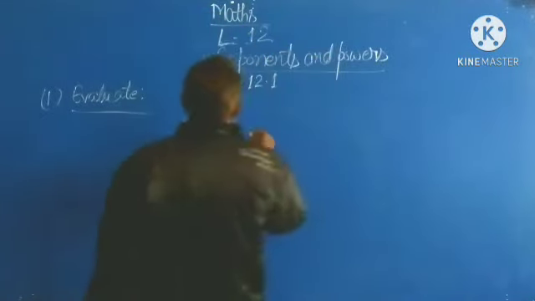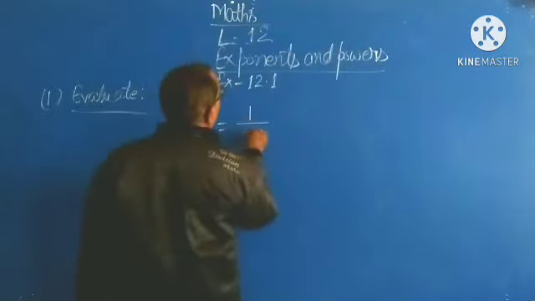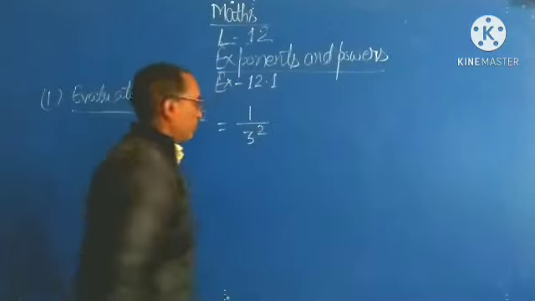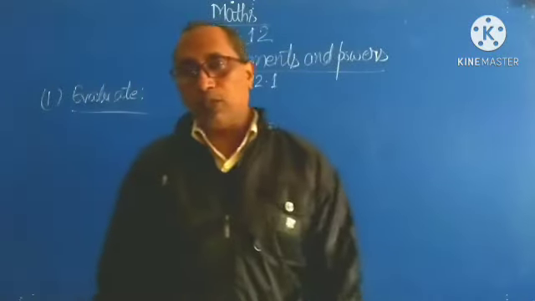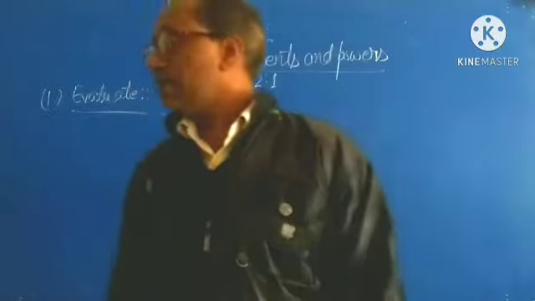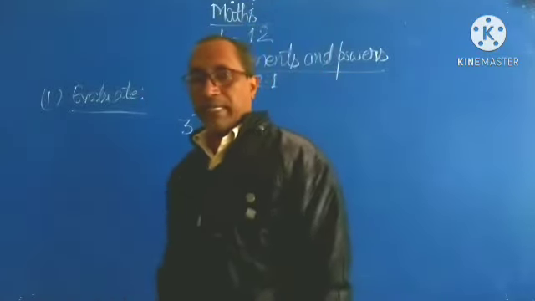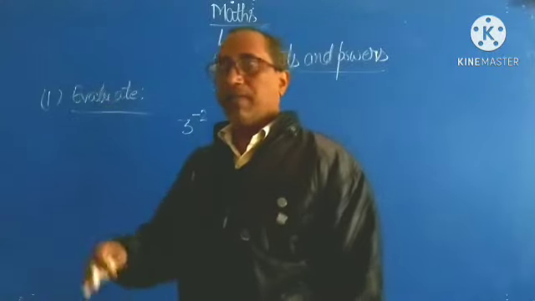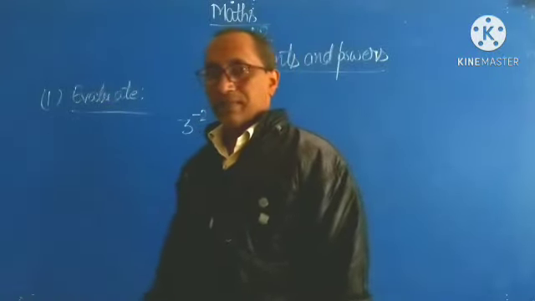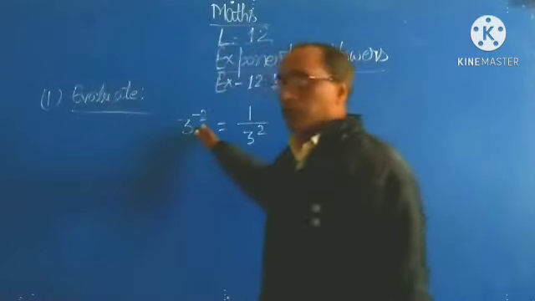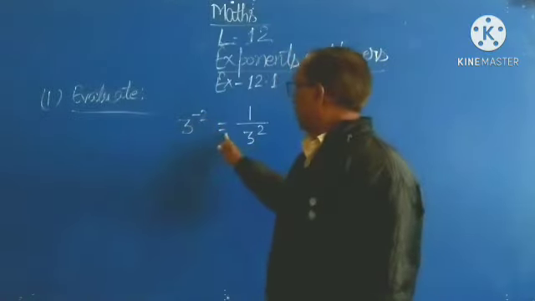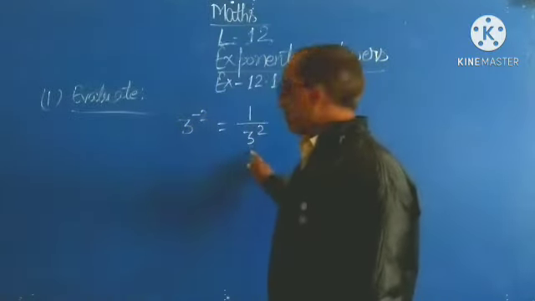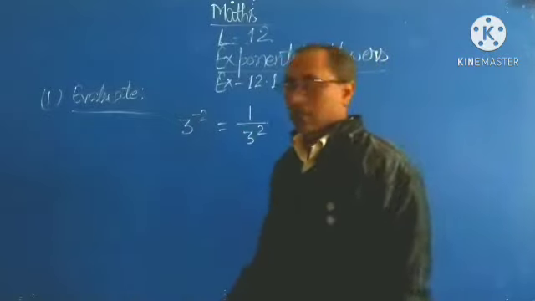You write this as 1 upon 3 to power 2. When you transpose any exponent from numerator to denominator or denominator to numerator, that sign will be changed. Means 3 raised to power minus 2 is written as 1 upon 3 raised to power 2.